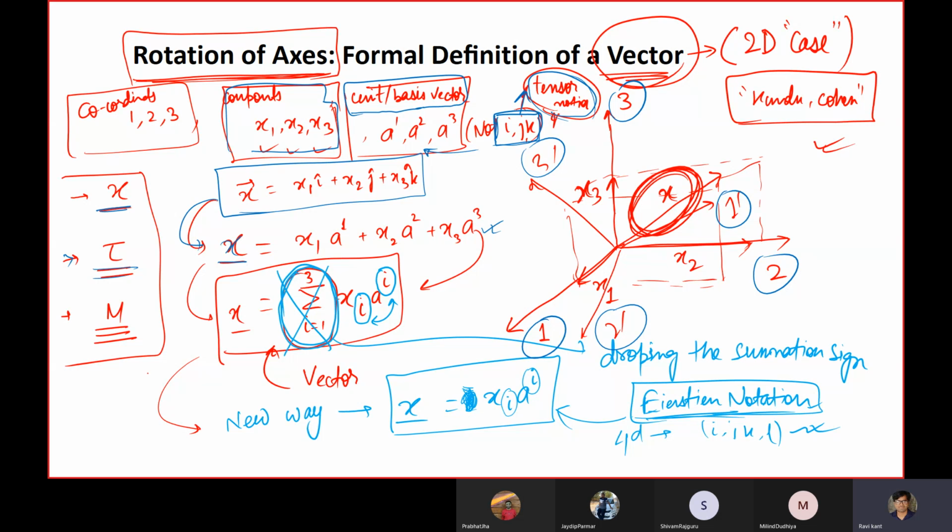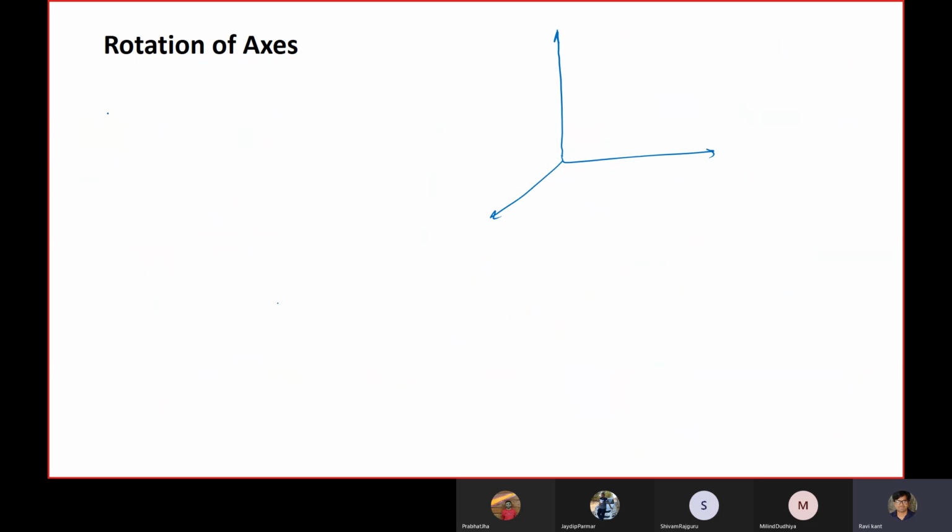This x bar equal to x1 a1 plus x2 a2 plus x3 a3 can also be written in terms of summation in the index form, index notation.